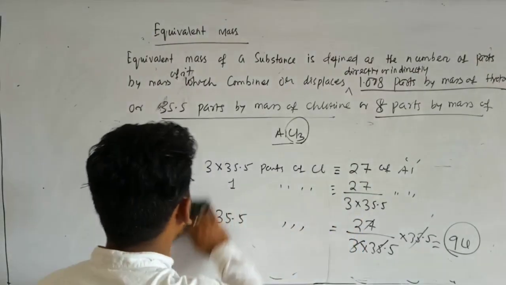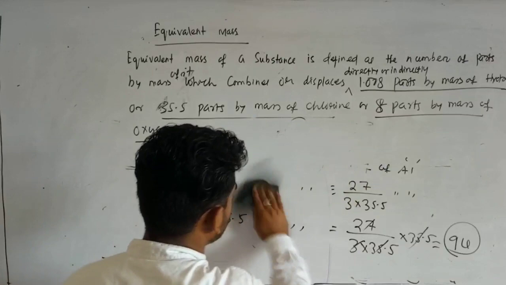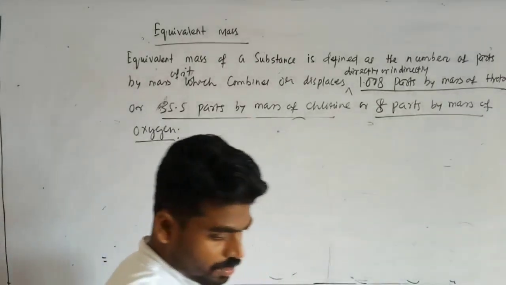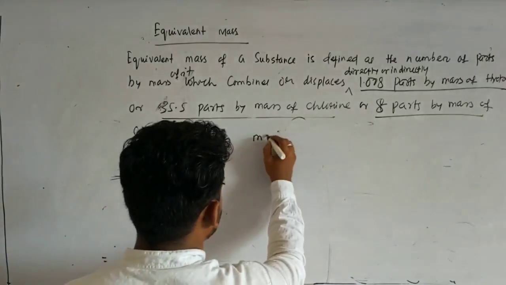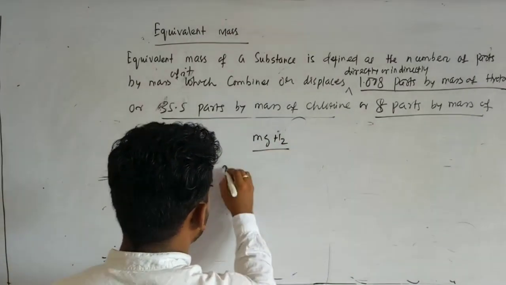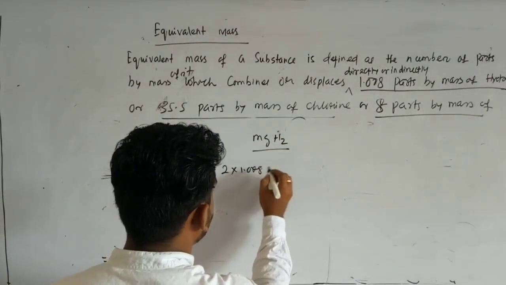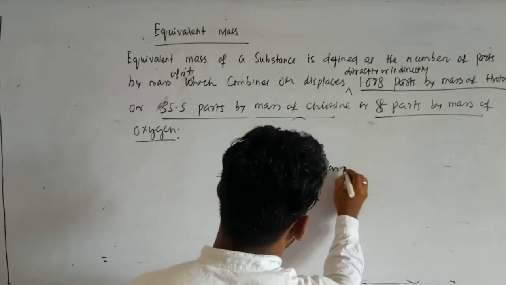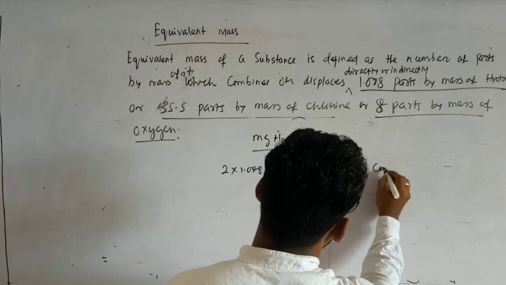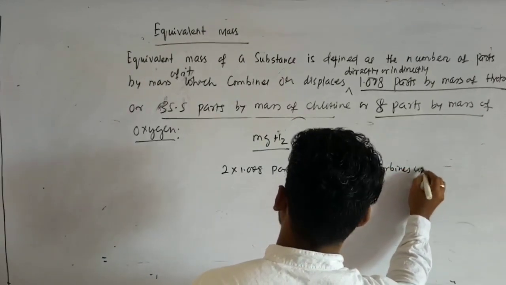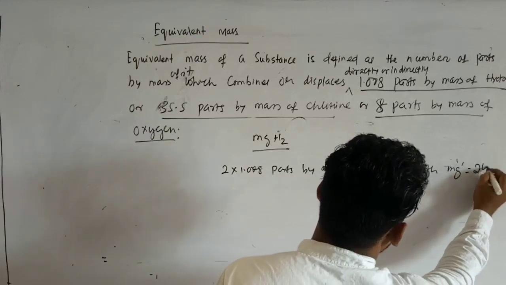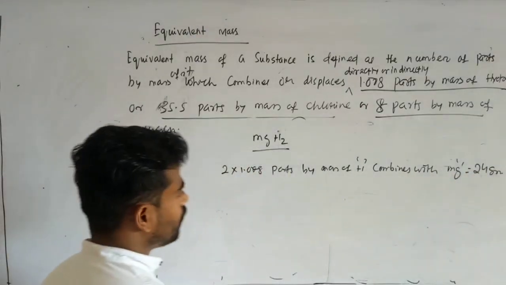if I ask you magnesium hydride, here hydrogen can be taken as your standard of reference. Magnesium hydride, MgH2, very simple: 2 into 1.008 parts by mass of hydrogen combined with magnesium, that is equal to 24 grams, the atomic weight of magnesium.